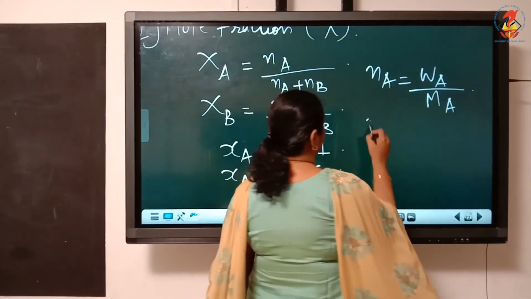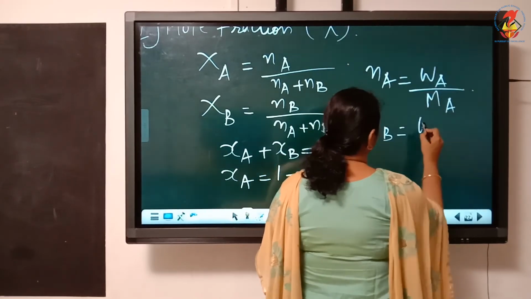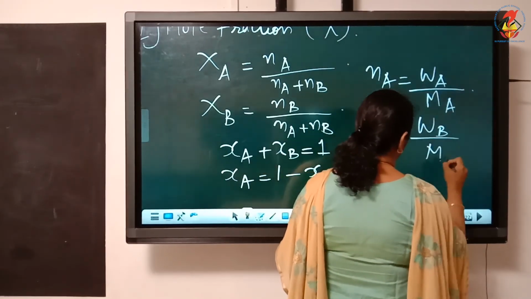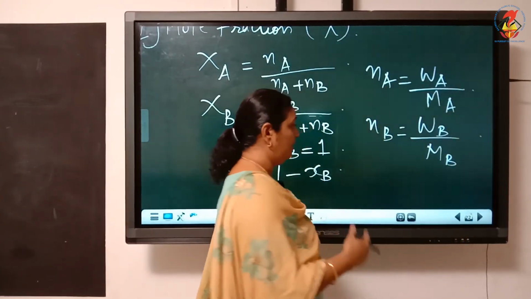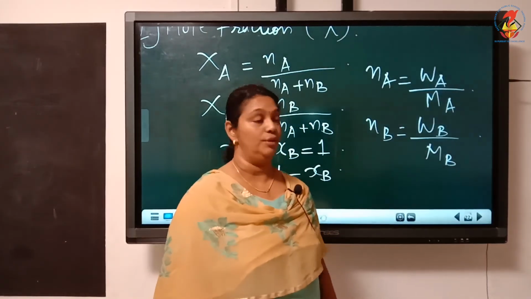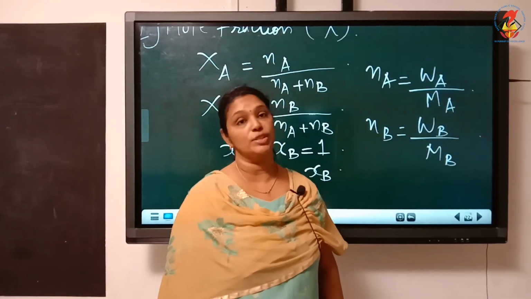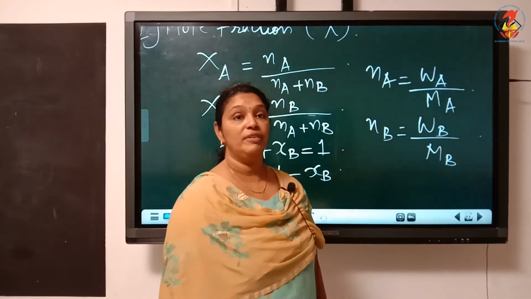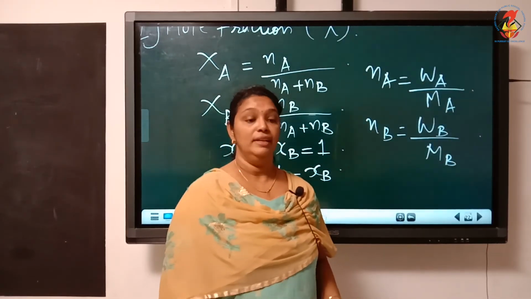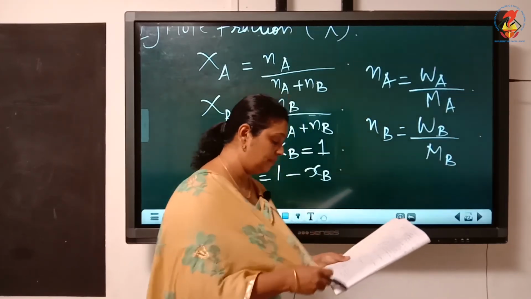And the expression to find Nb is equal to Wb by Mb, given mass by molar mass of solute. So these are the different expressions used to find the mole fraction.